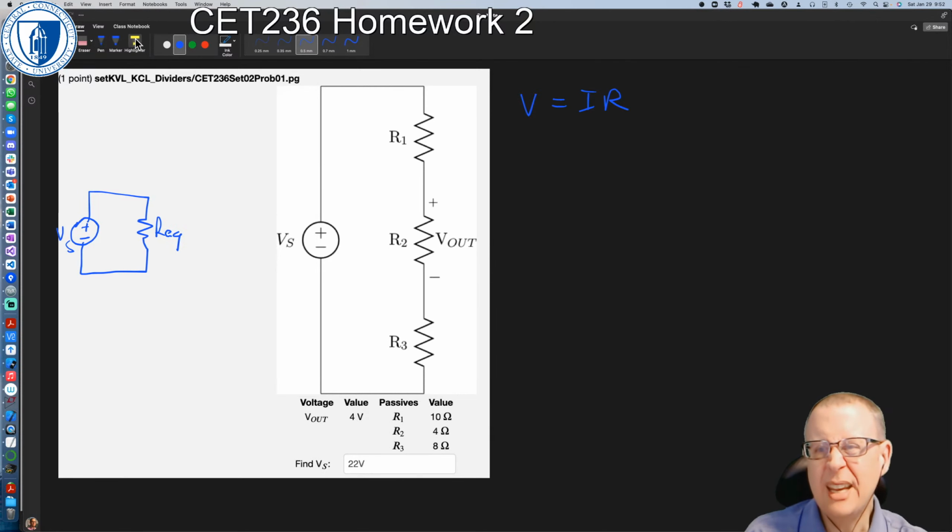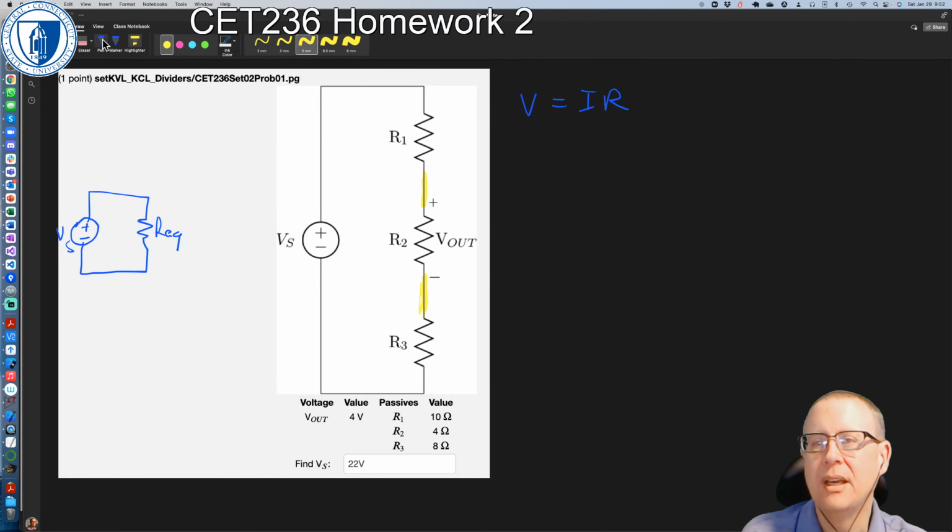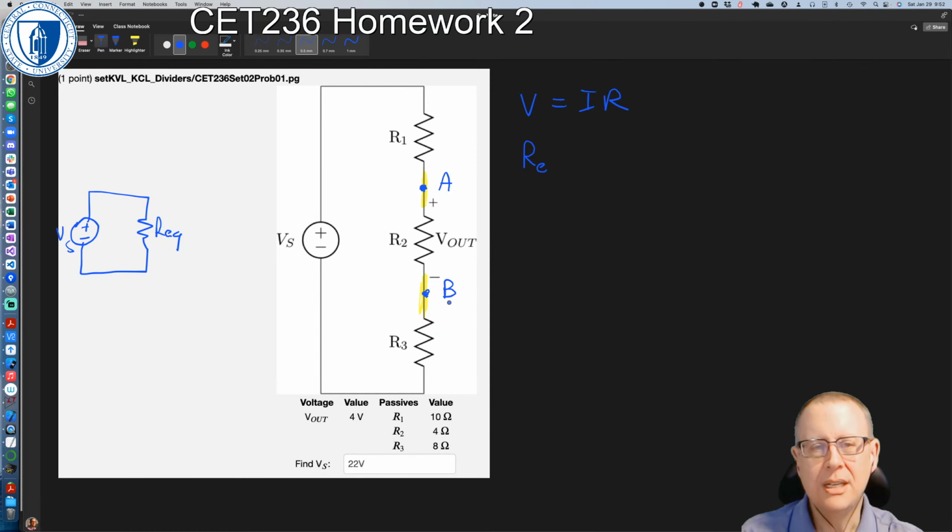The thing to check is what relationship R1, R2 and R3 have to each other. And the relationship they have is series, right? R1 and R2 share node A uniquely, and R2 and R3 share node B uniquely.